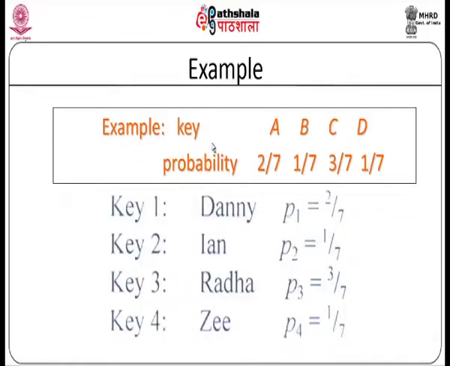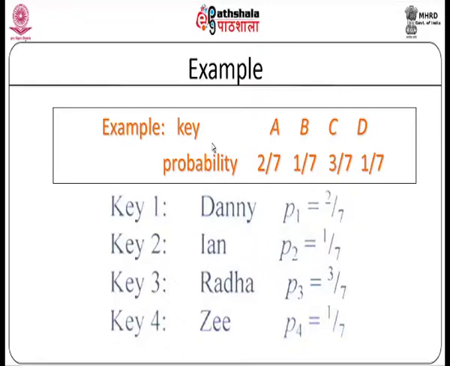Fine, we will take one simple example. We will take 4 keys. As I said earlier, it is useful for containing a symbol table, for having various symbols.